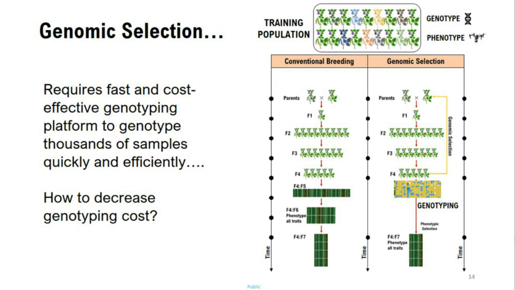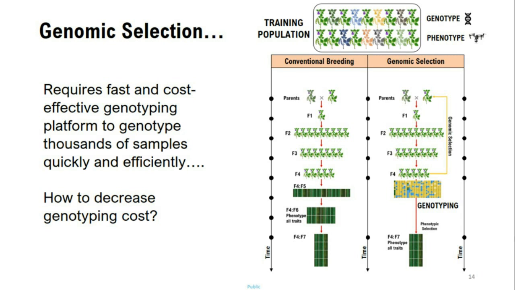And we use this model, after a few generations of the plants, to only genotype the progeny, then feed this data into the model to predict their phenotypic output. So we try to eliminate the phenotyping step and run the phenotyping only at the end for the selected genotypes. So this approach requires a fast and cost-effective genotyping platform.